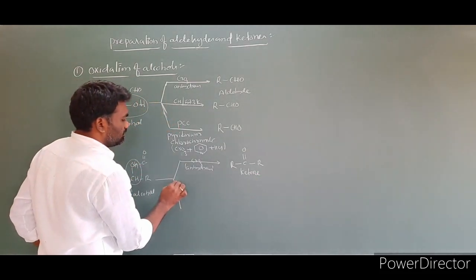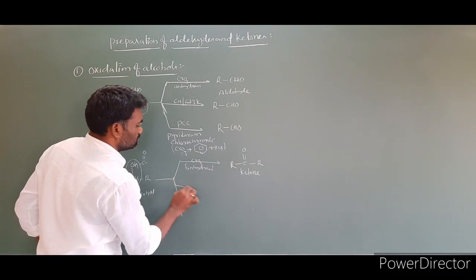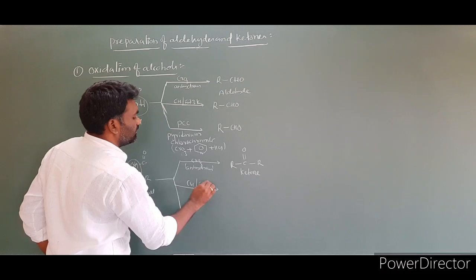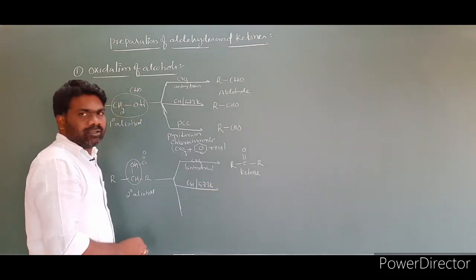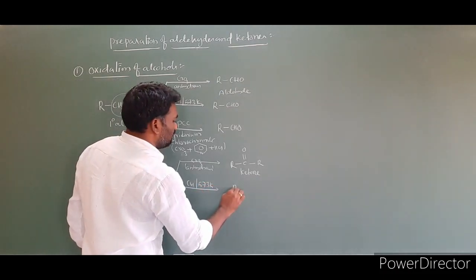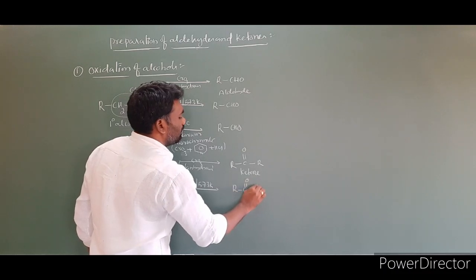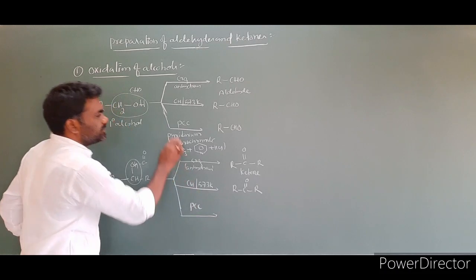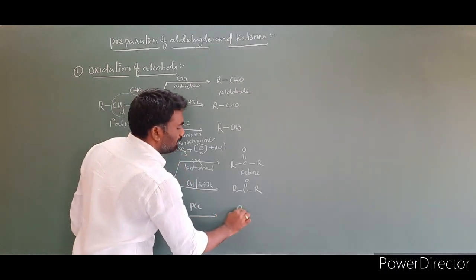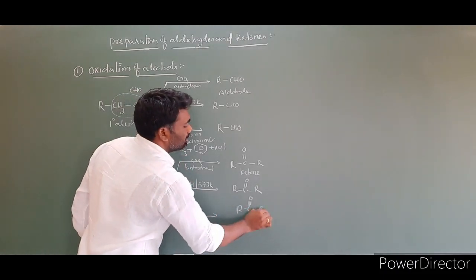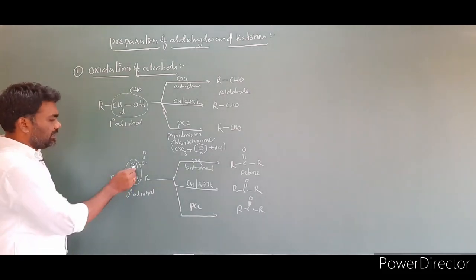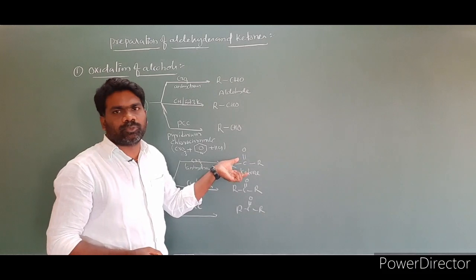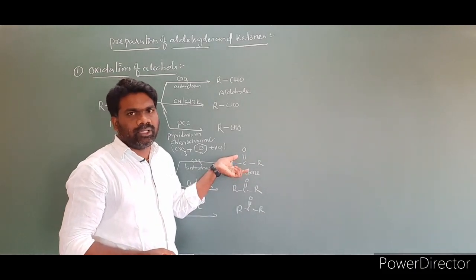Using the second reagent, copper at 573 Kelvin, the product is R C double bond O R. Using PCC, again the product is R C double bond O R. If you take secondary alcohols, the CHOH group is converted into a carbonyl group.